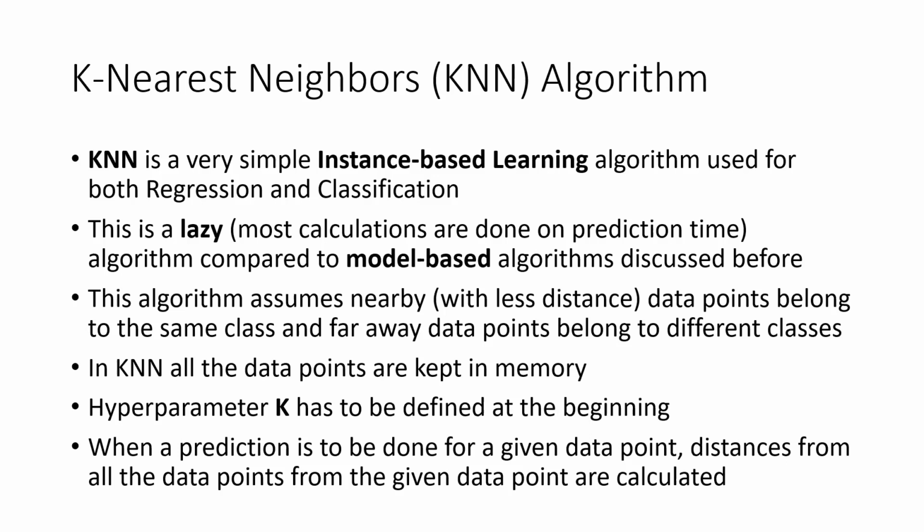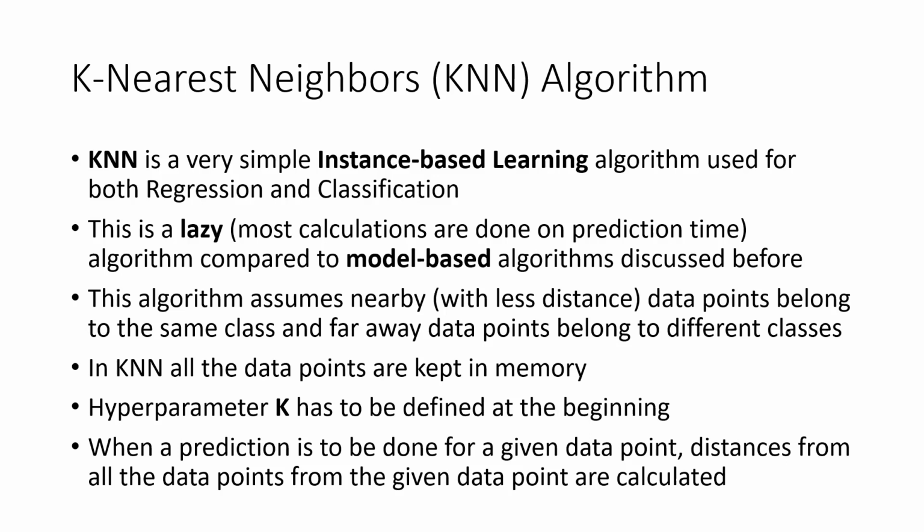So when we want to make a prediction, we said earlier that in k-nearest neighbor, we keep the positions of all the data points in memory, right? So when a new data point comes, we have to measure the distance from that particular data point to all the other data points in the memory. This is the first thing that you have to do.